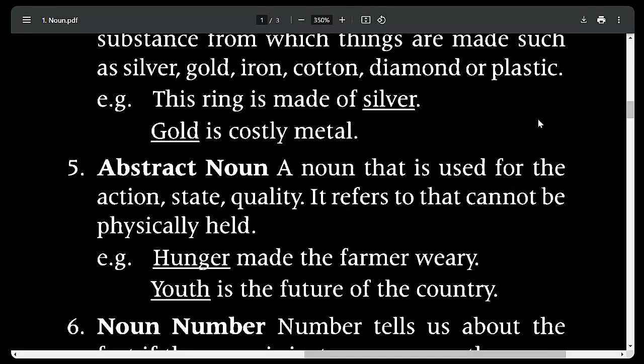Abstract noun means it is a noun which we cannot physically touch, or feel, or smell, nothing. Hunger means we want to eat anything, so we are out of food. We feel hungry. So that hungerness, is it seen? Is it visible? Yes, sir. Is it sensible by touch or smell, etc.? No, sir. So that is hunger, abstract noun.